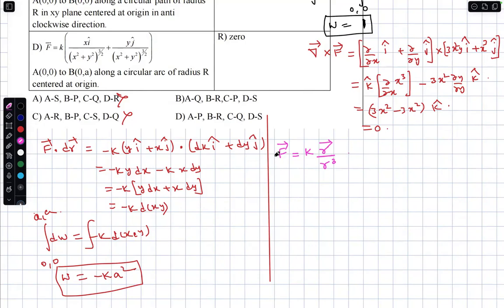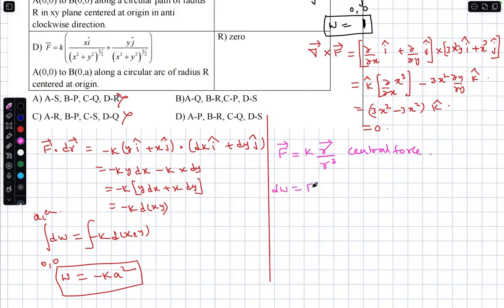Yes, exactly. It is a central force. Right. It depends only on the actual initial and final points. And this is conservative also. Okay. Now I'll just explain how to do this.